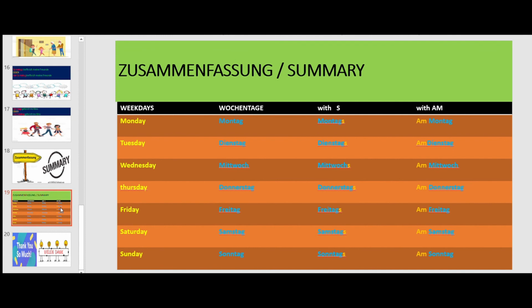So we have 4 words which resemble English: Montag, Freitag, Samstag, Sonntag. Whereas Dienstag, Mittwoch and Donnerstag you have to learn by thinking and relating literally. So last revision: Montag, Dienstag, Mittwoch, Donnerstag, Freitag, Samstag, Sonntag.